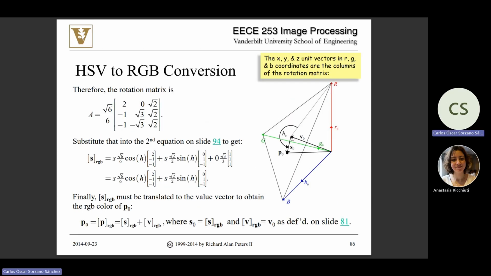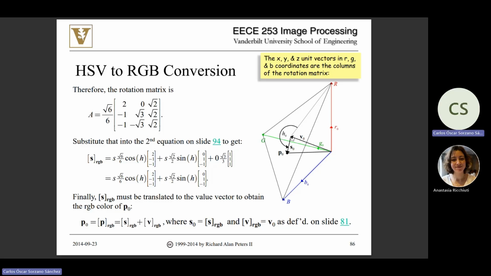Okay, so now we have a matrix. It was complicated getting to this matrix, but once we have it, it is very easy to multiply. You simply multiply by the coefficients: S cosine H times the first column, plus S sine H times the second column, and 0 times the third column.